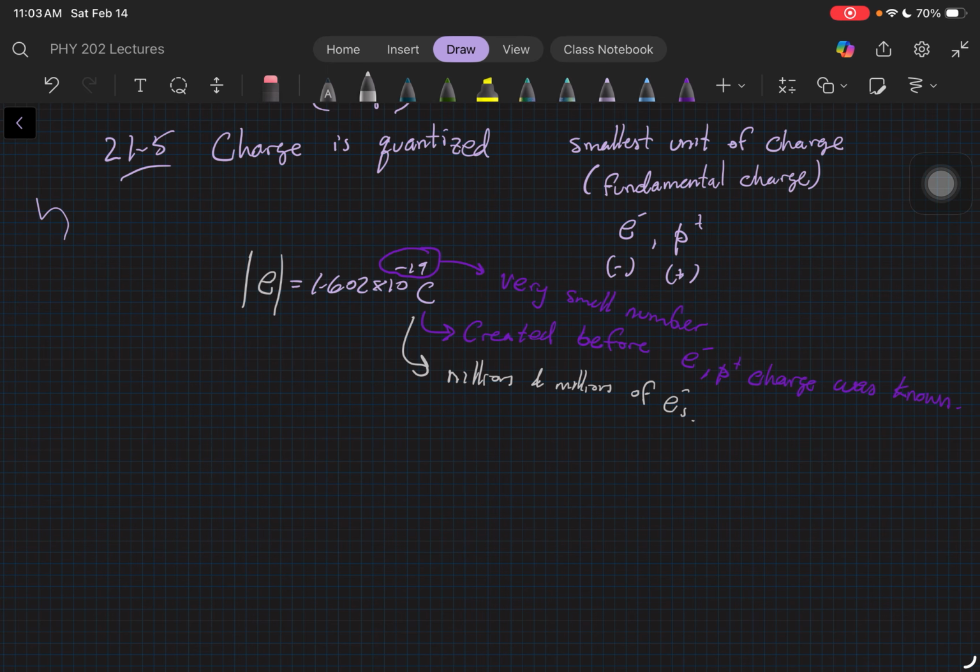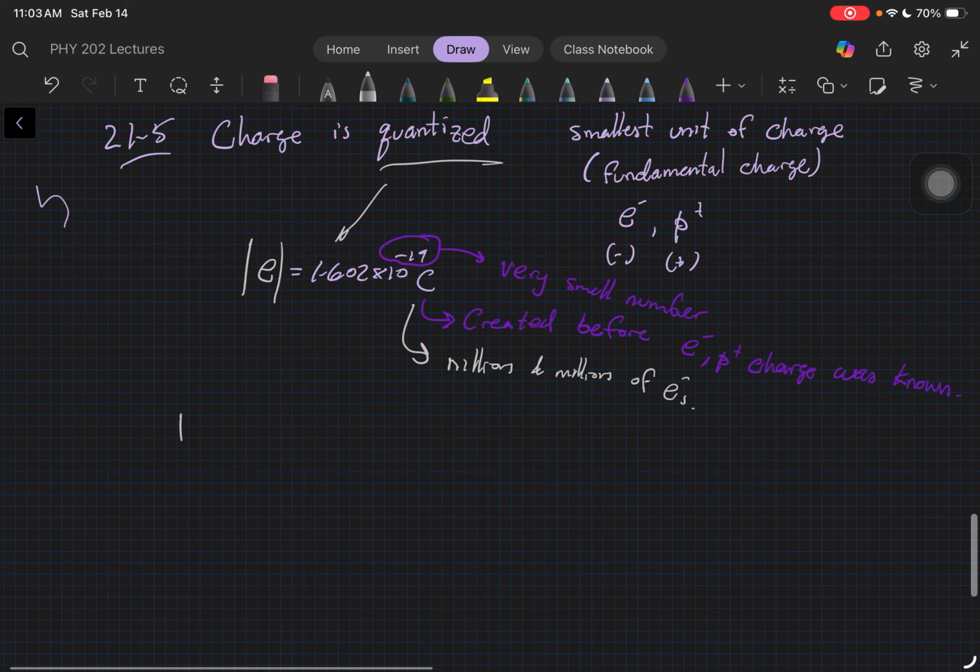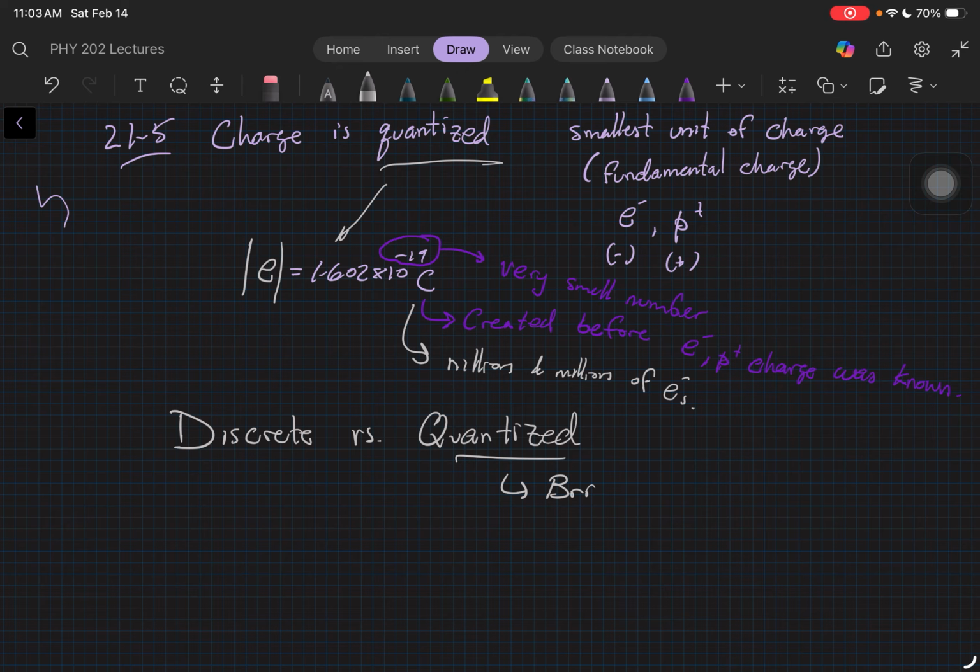And so what else? When we say quantized, we mean that it has to come in packages of this amount, right? I always like to picture a brick wall when I think of something that's quantized. So you've got your whole thing, but it can only come in little packages. I'm not going to draw the whole thing, that'd be outrageous. It can only come in certain amounts, right?